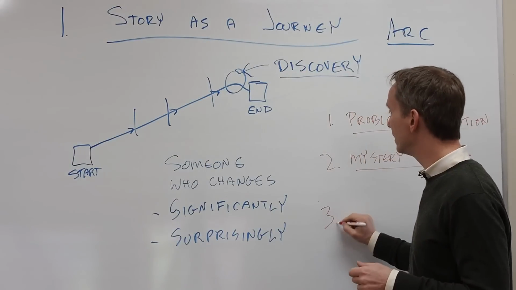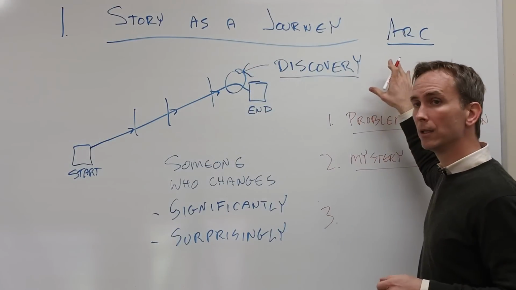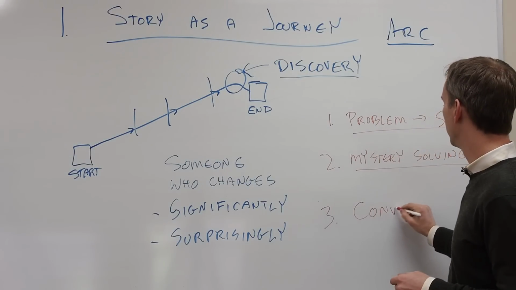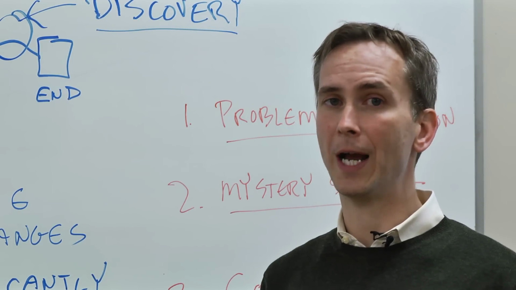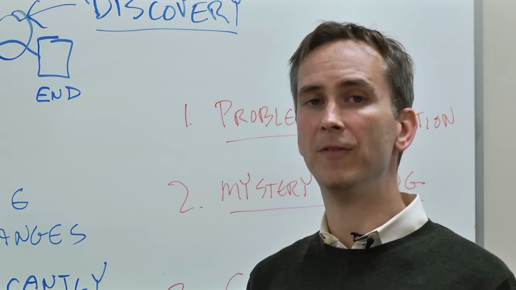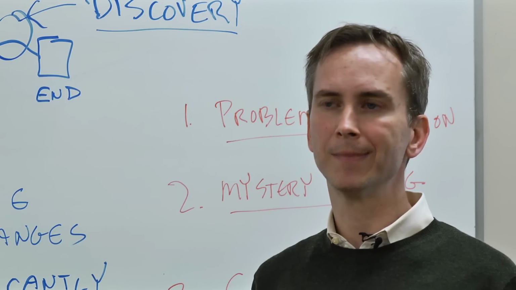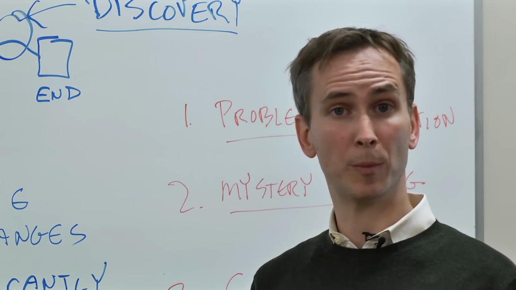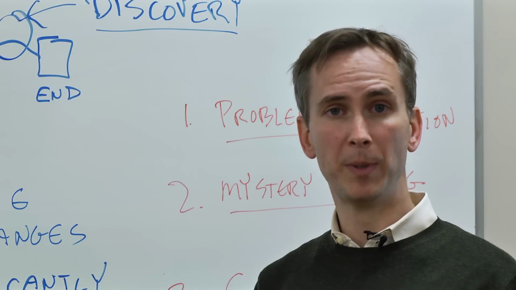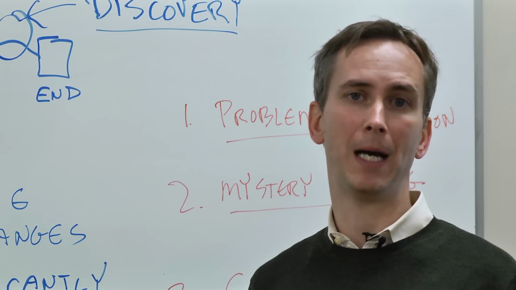A third typical arc, a journey that you could take us on, would be a conversion. This is where the author takes a position, sometimes a little artificially, of disagreement or not giving legitimacy to a particular position, and then through an engagement with people or events, changes their mind.